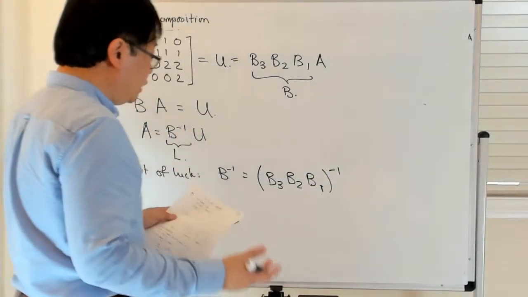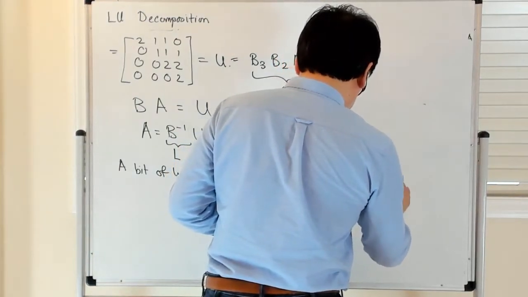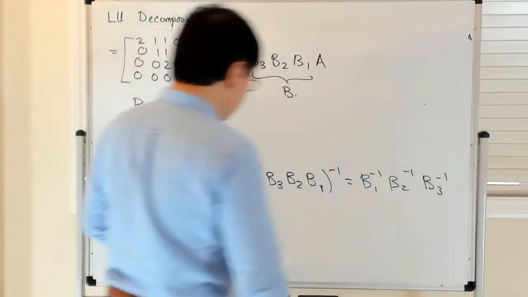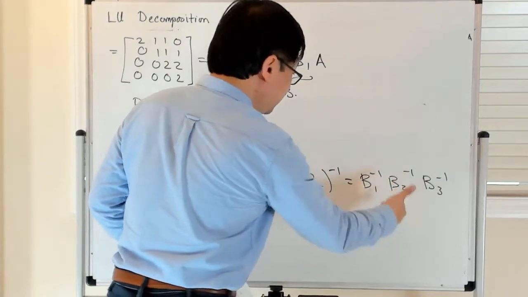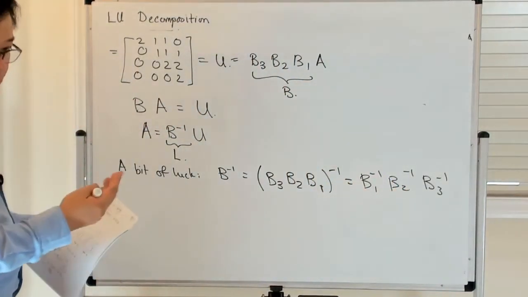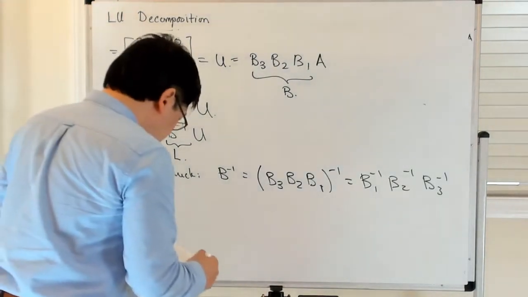And you can check that that turns out to be this product: B1 inverse, B2 inverse, B3 inverse. So the inverse of the product is the product of the inverses, but with the order reversed. And it's easy to convince yourself that that's not too surprising if you think about it.